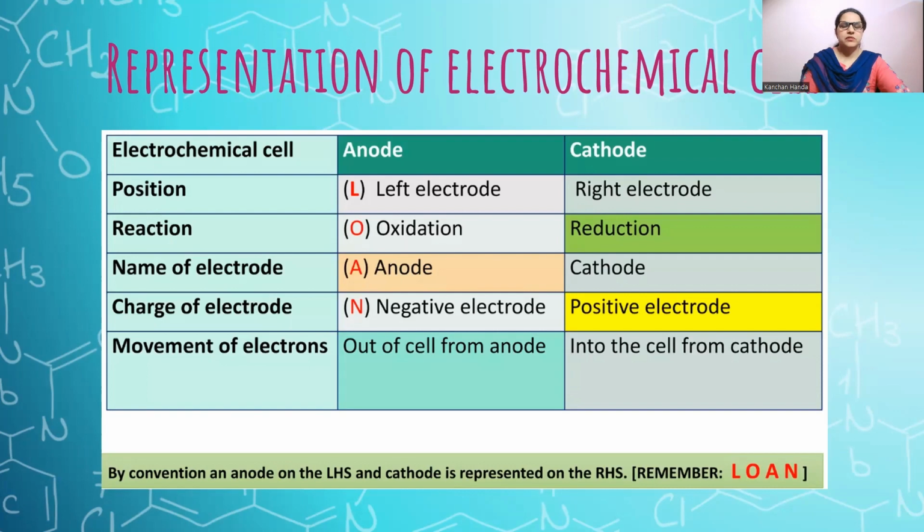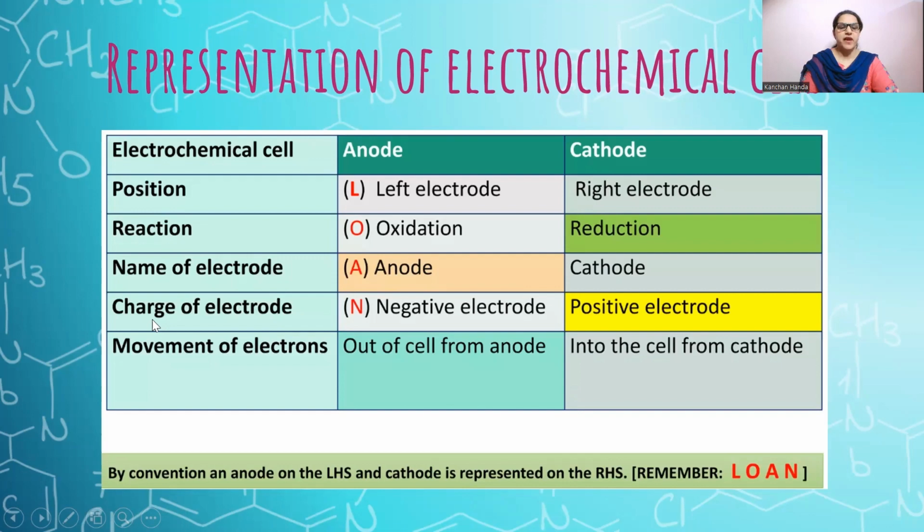We all know the further details of anode and cathode: the position of anode is on the left and the cathode is on the right. The reaction at anode is oxidation, whereas at cathode is reduction.